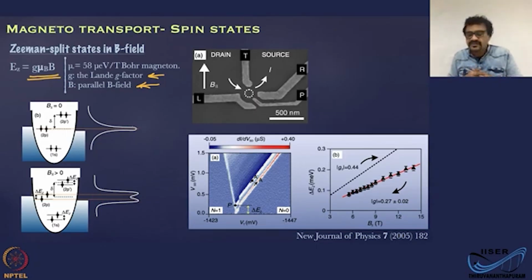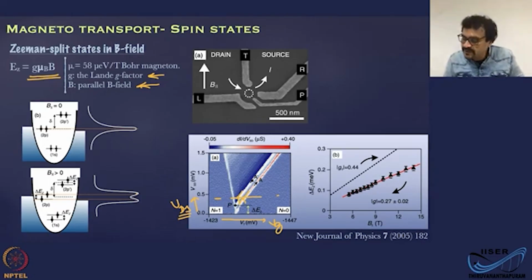From this, when you take a Coulomb diamond plot, this is the gate voltage axis, V_G, and this is the bias axis, the drain-source voltage. The line cut along the gate voltage is the Coulomb blockade oscillation, which is basically going to give you two peaks. Each of these lines corresponds to one of these peaks.